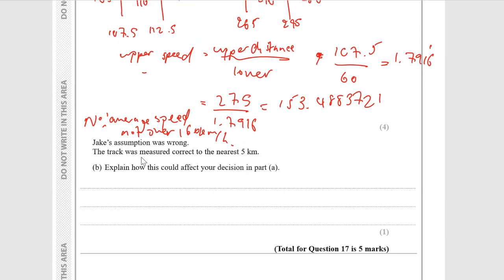Jake's assumption was wrong. The track was measured correct to the nearest 5 kilometers. Explain why this could affect your decision in part A. Explain how this could affect, and it wouldn't.